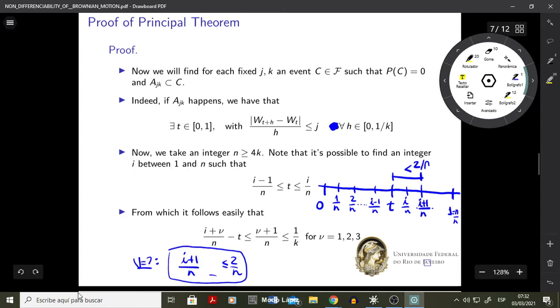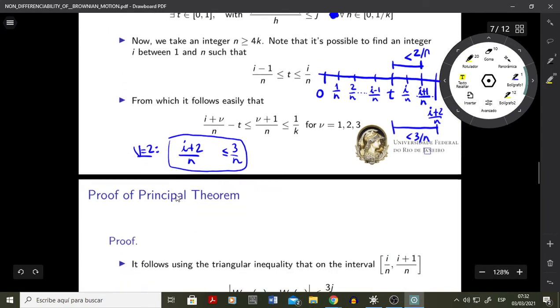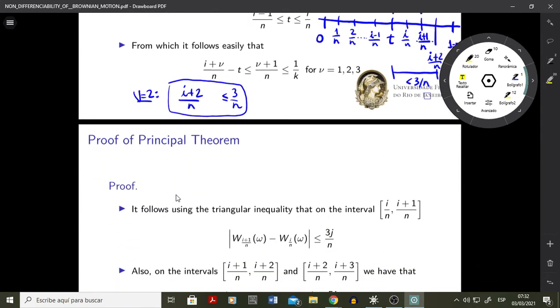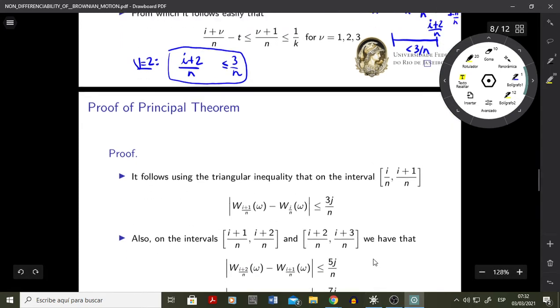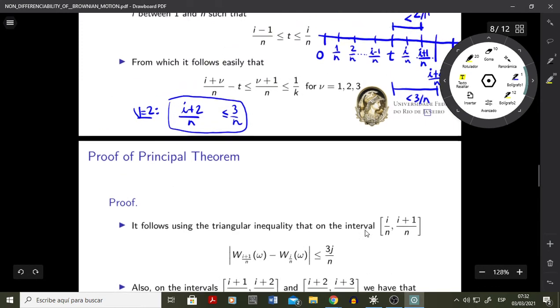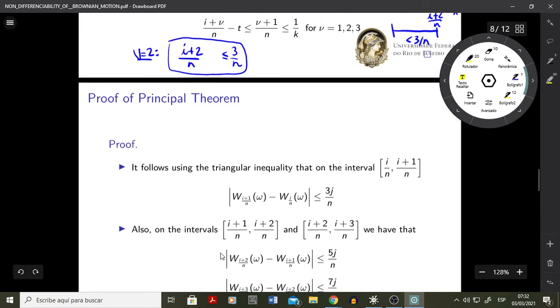For nu equals 2, here we have i plus 2 over n, and if you measure the distance, it is less than 3 over n. Now we are given a certain bound over some intervals, over 3 intervals, of the difference of this.